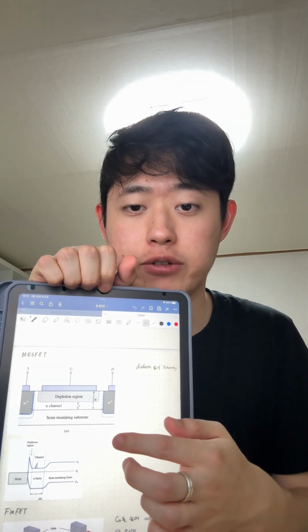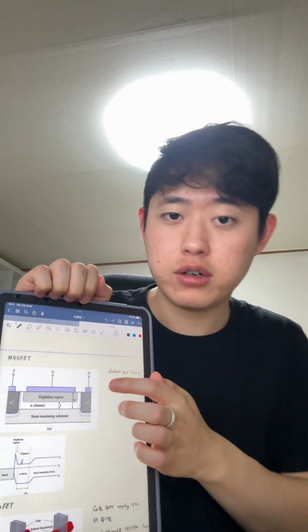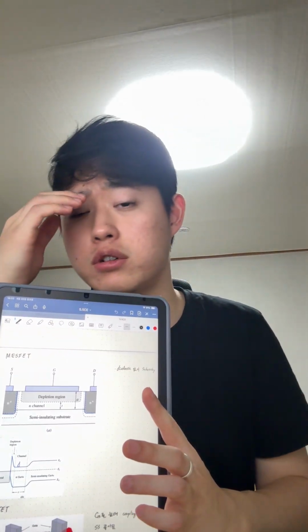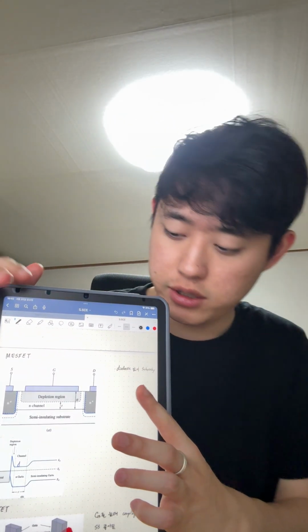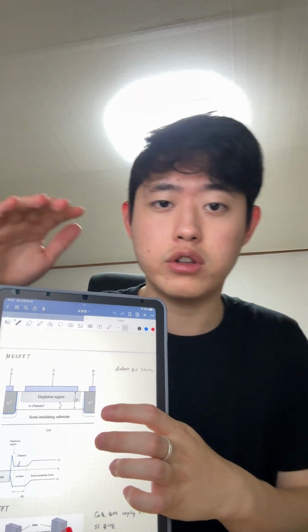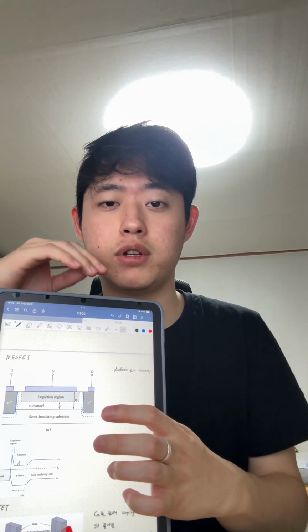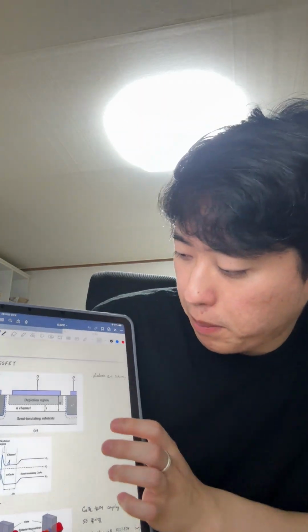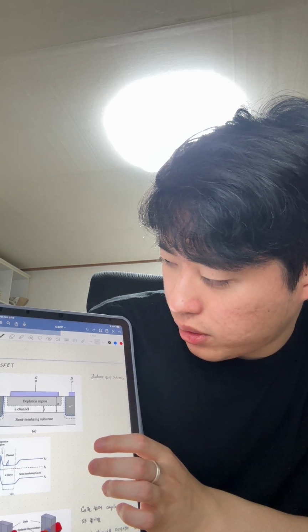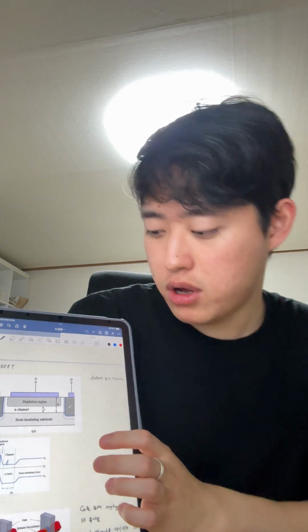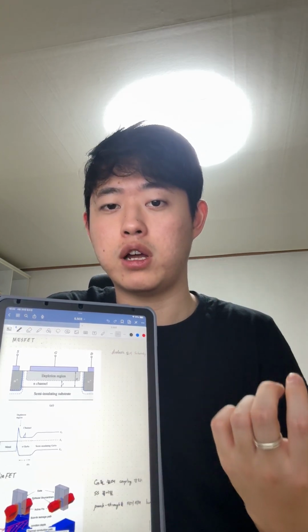And this is the MESFET. MESFET is like a 3-5 transistor. There is no dielectric, so it's like a quantum well. There is no dielectric, so it is like a JFET or 3-5.